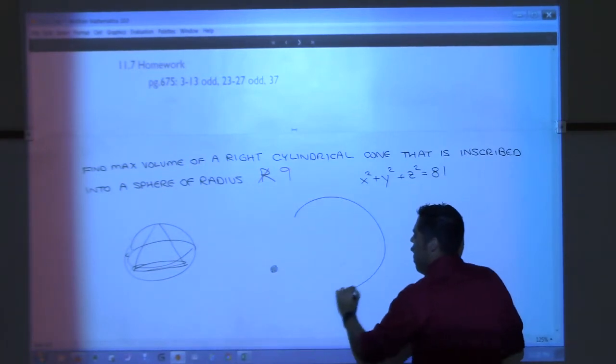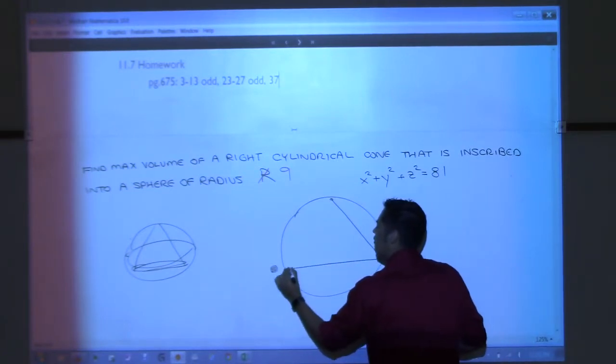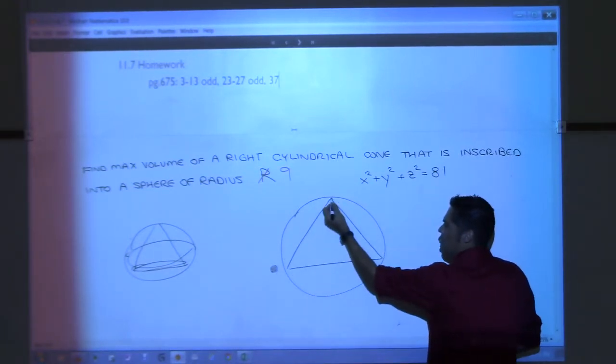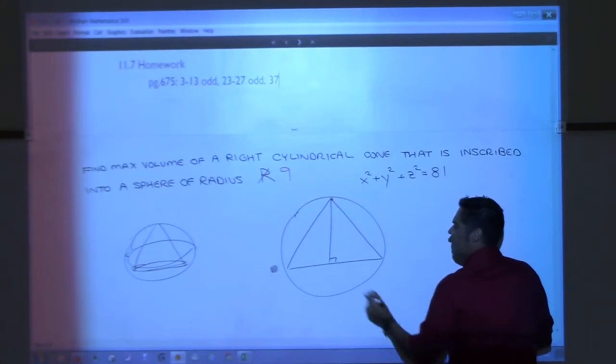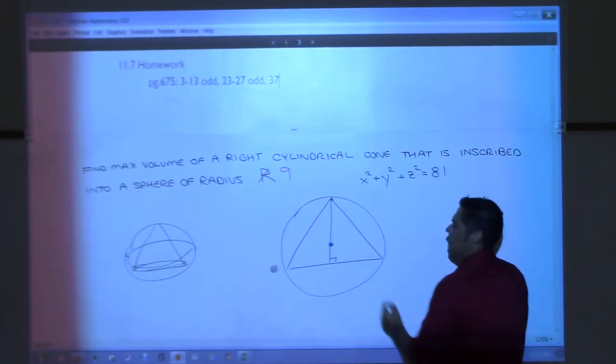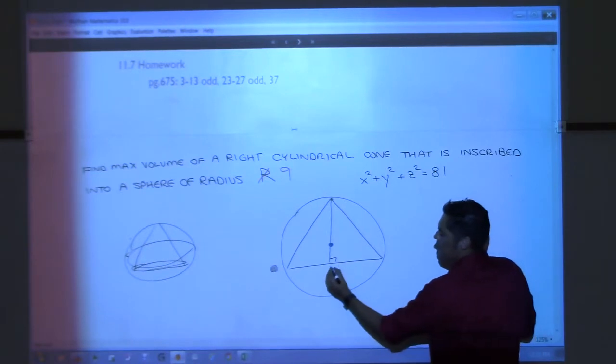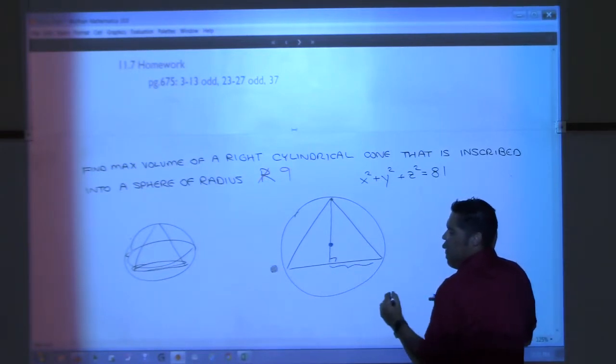What you'd have is a cross section. You would have a circle, and then you would have this cone, and the cone would be in here like this. This is the center of the sphere, right? This piece right here is what?